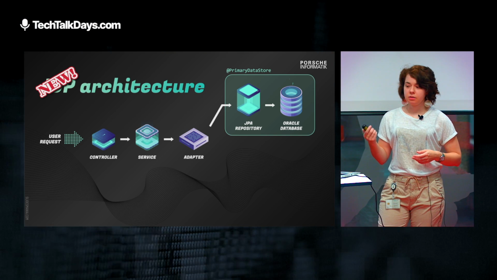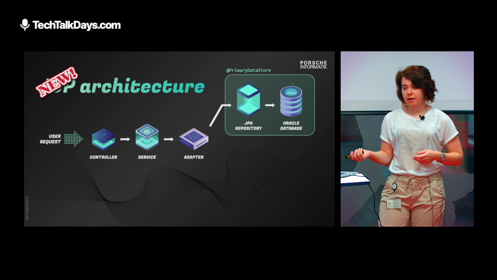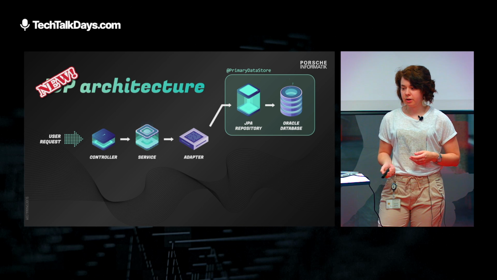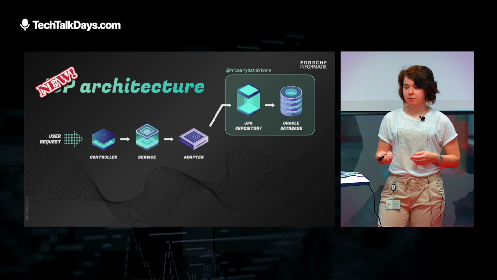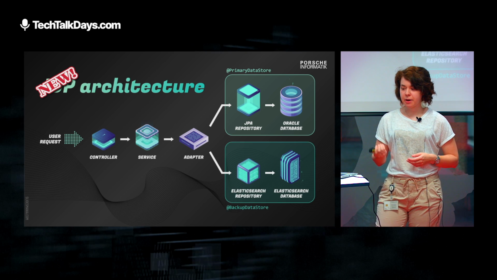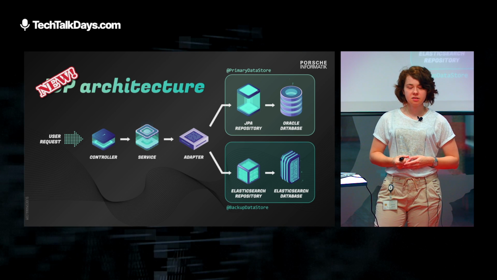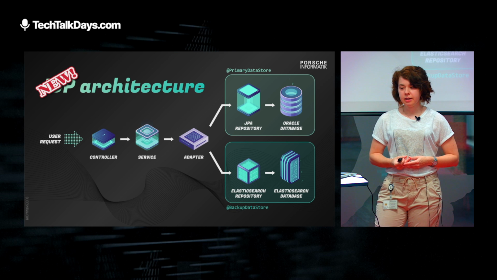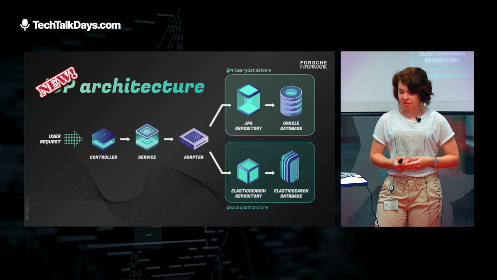However, if the Oracle database were to fail and the health check would come back negative, the adapter would notice this and redirect traffic to a backup data source, which consists of an Elasticsearch repository and an Elasticsearch database.